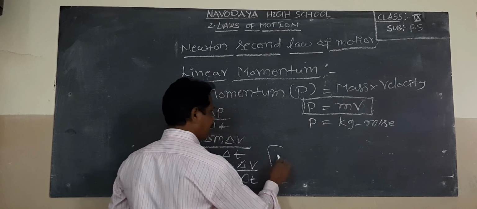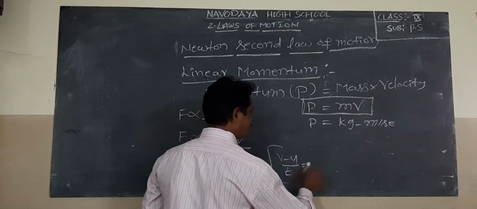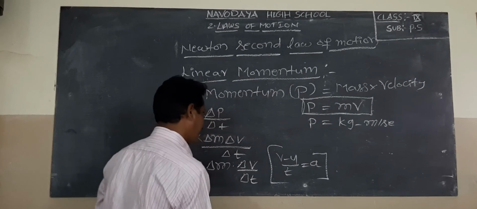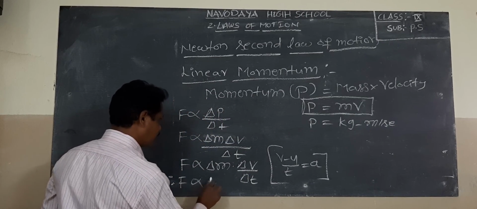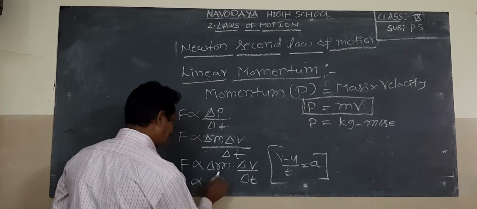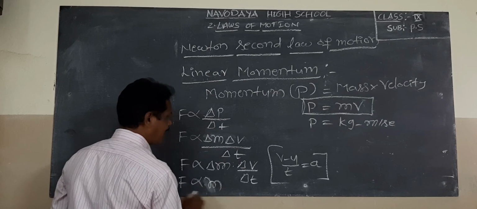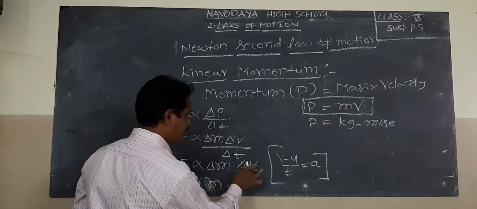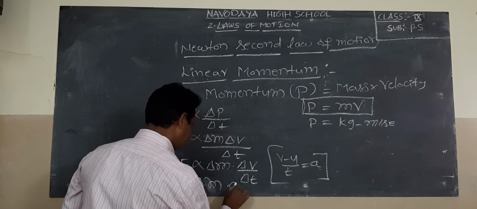We know the rate of change of velocity, v minus u by t, is equal to acceleration a. So F is proportional to m into delta v by delta t, which is replaced by a.